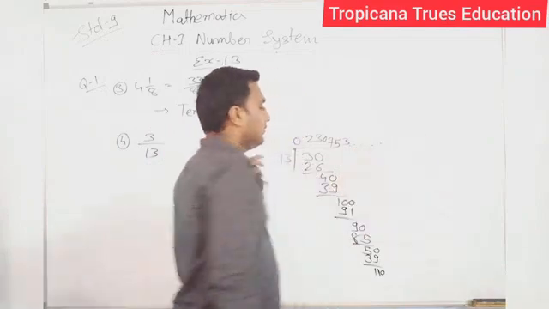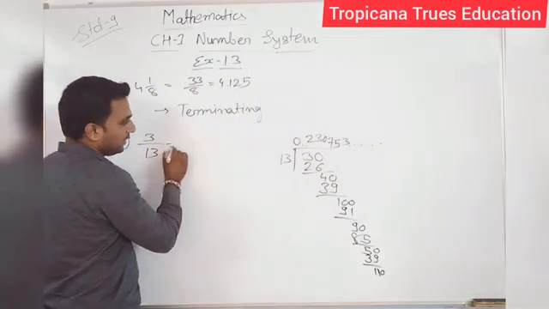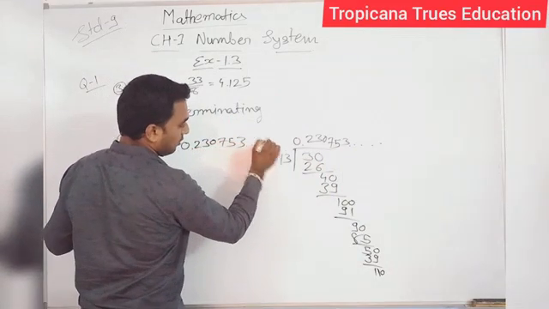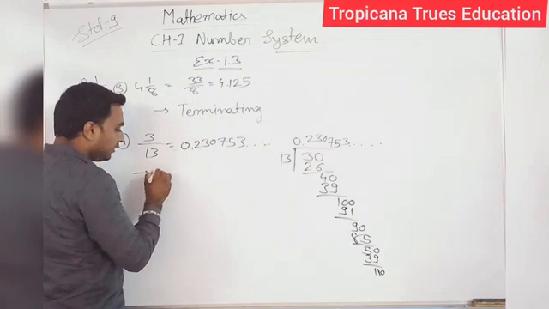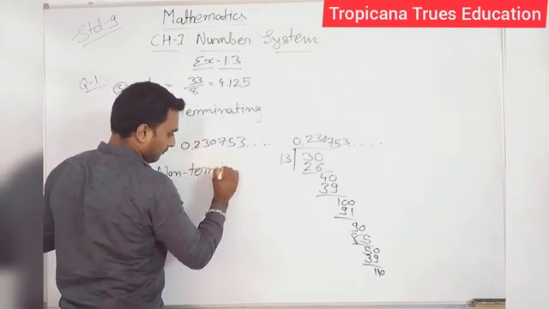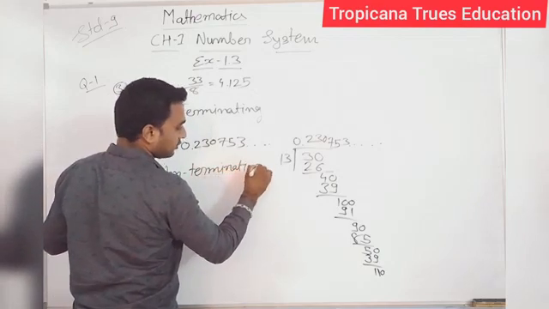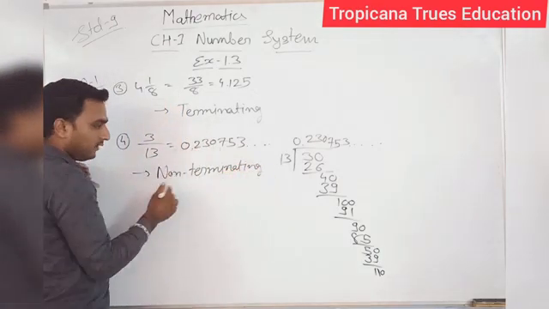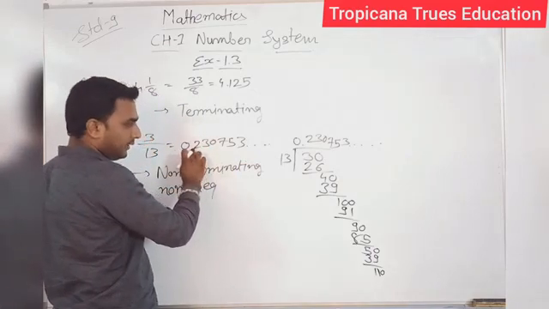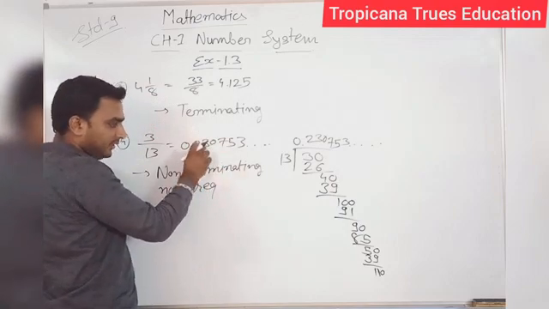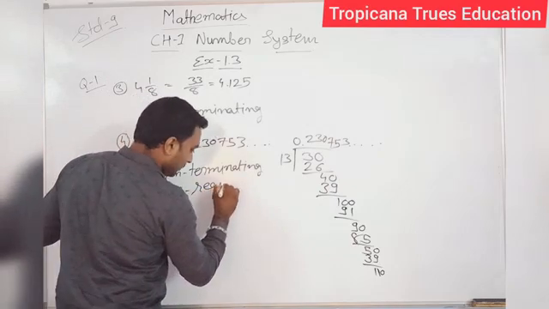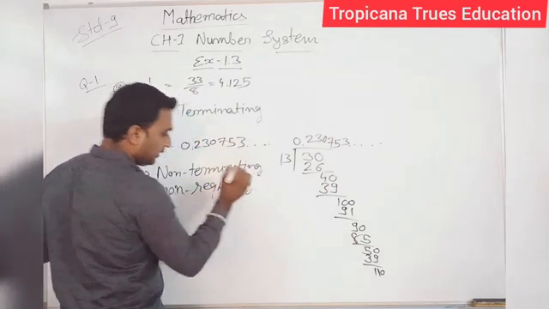So that's why this type of number is called non-terminating, non-recurring. Non-terminating means it does not stop after the decimal point, and non-recurring means it is not repeated after the decimal point. Here 3 is repeated but not in a sequence, so that's why we do not say that it is recurring. It is non-recurring. Clear?